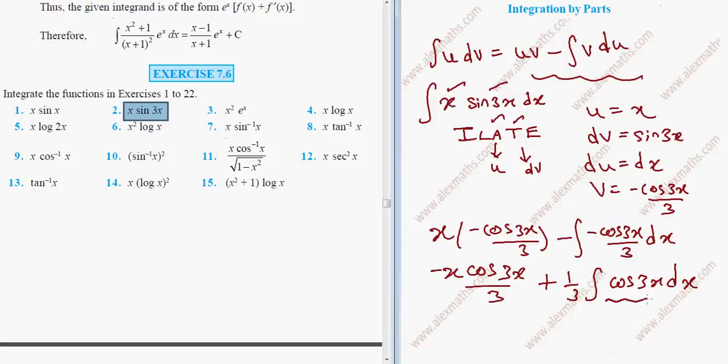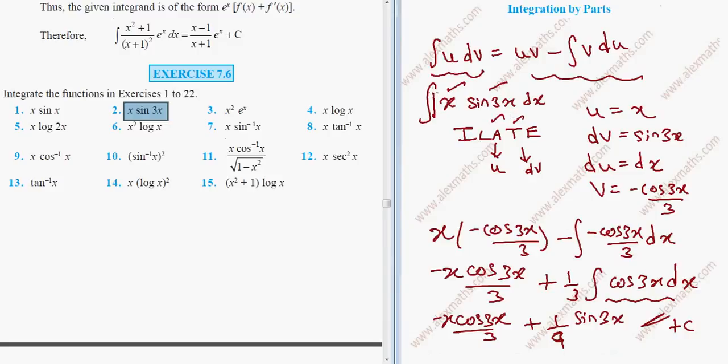Now this becomes type 1. We can apply the formula and complete the problem. So the first term as it is, plus 1 by 3, this will become sin 3x by 3. Already 3 is there, so I can make it 9, plus c. This is how integration by parts works.